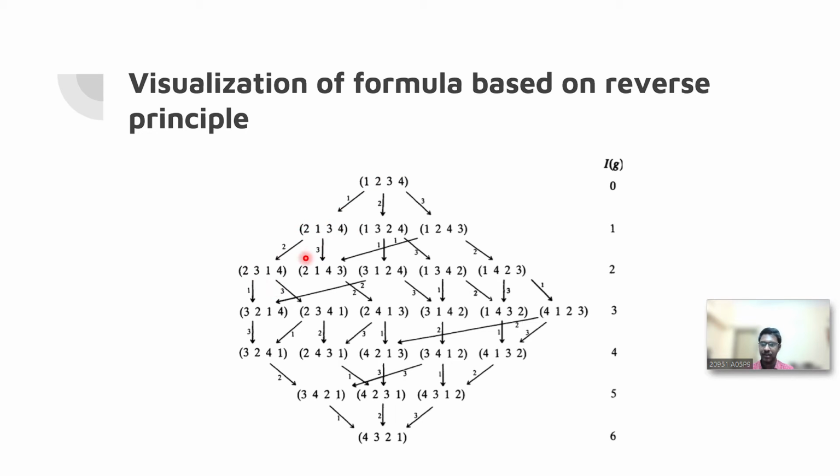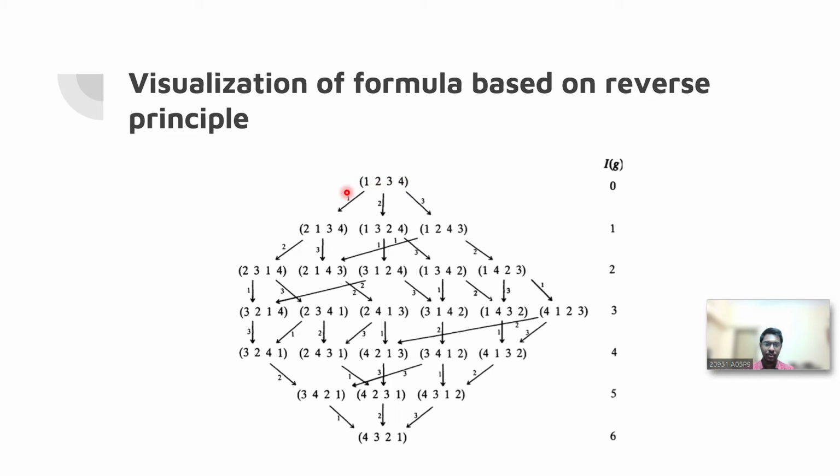In a similar fashion, from 2 1 3 4 we can go further with interchanging. Since we have already used one, if we use it again we would get the same value. So to prevent that, we go with the two possibilities, 2 and 3, because if we swap them we don't get the starting sequence.